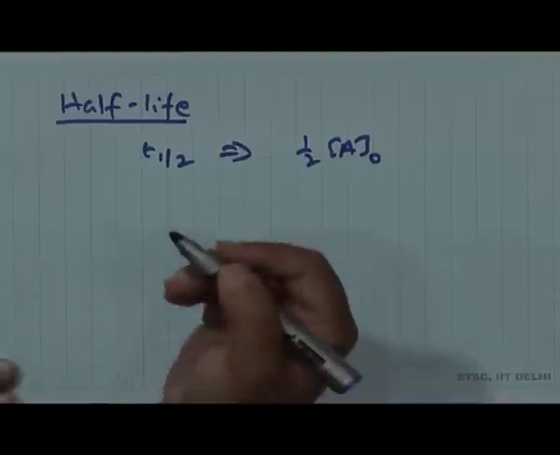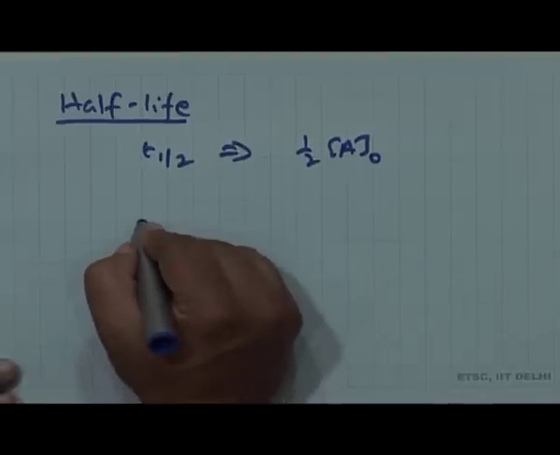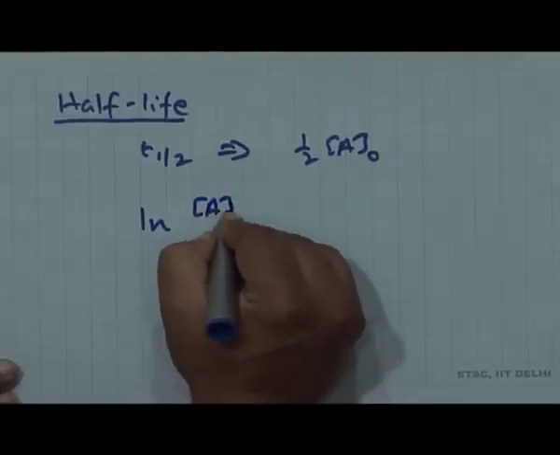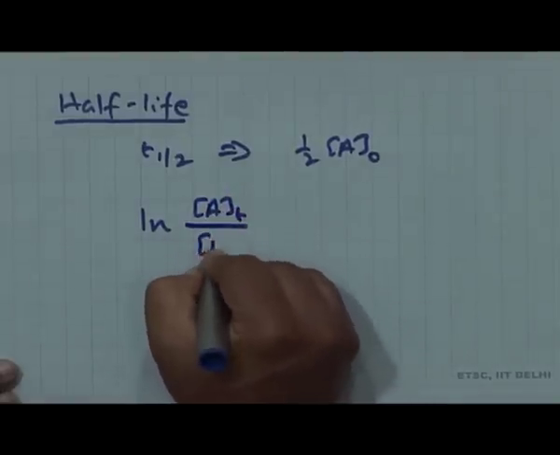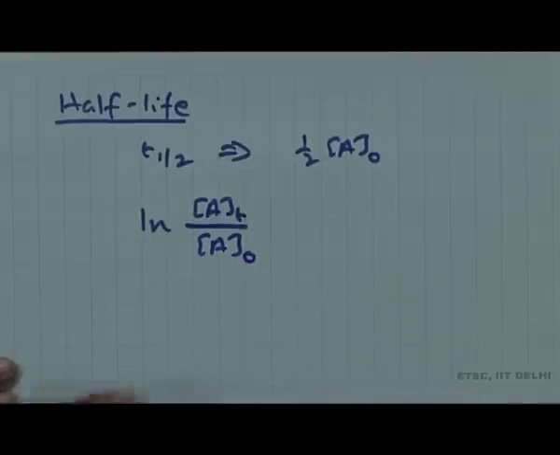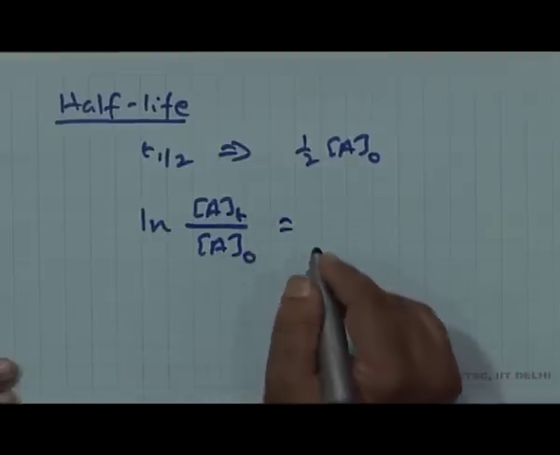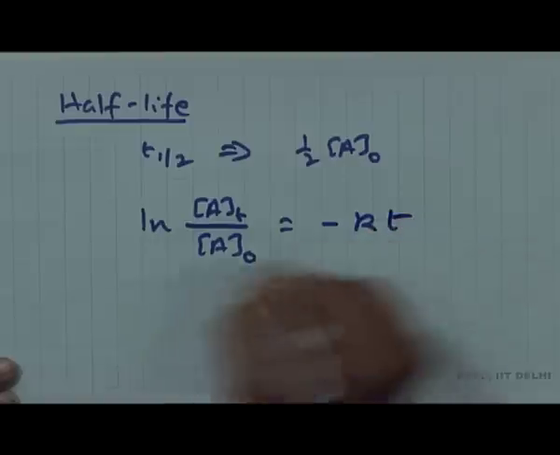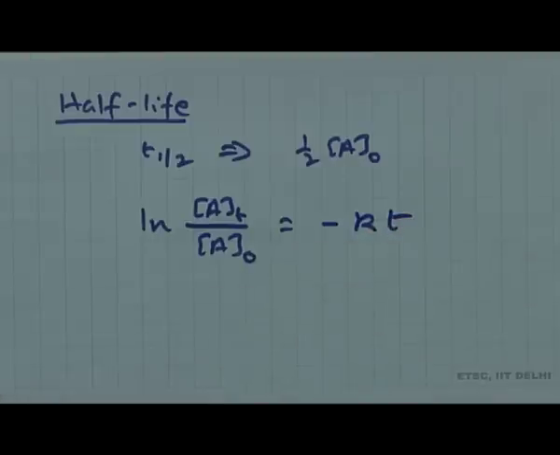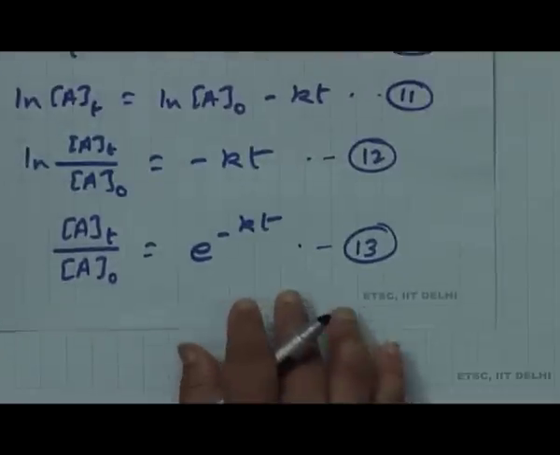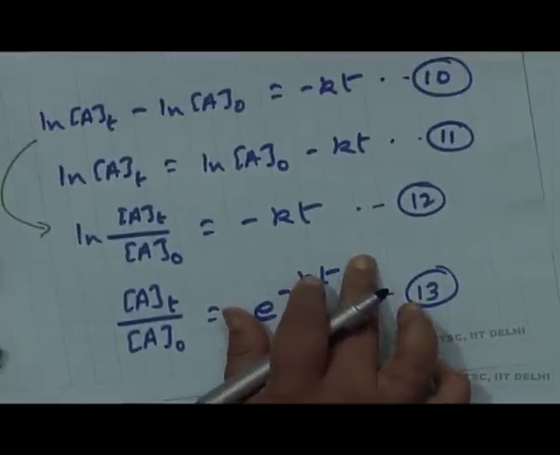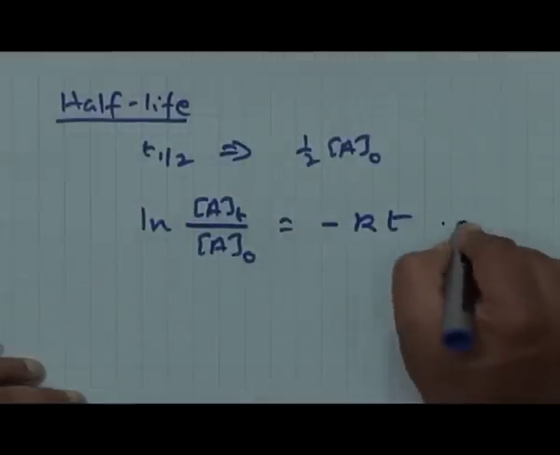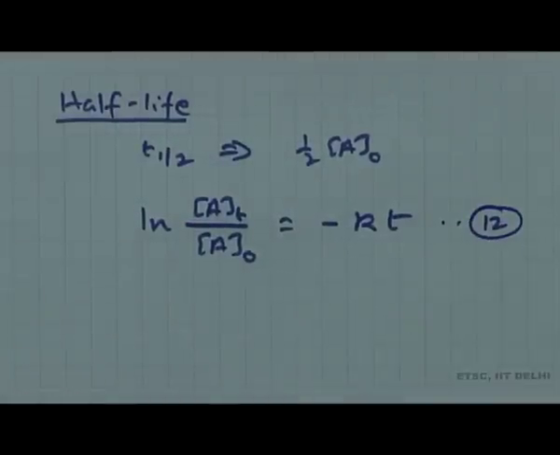Suppose I do it from this equation where I knew that natural log A t over A naught is equal to minus k t, and if you would remember, we had written this before as equation number 12.